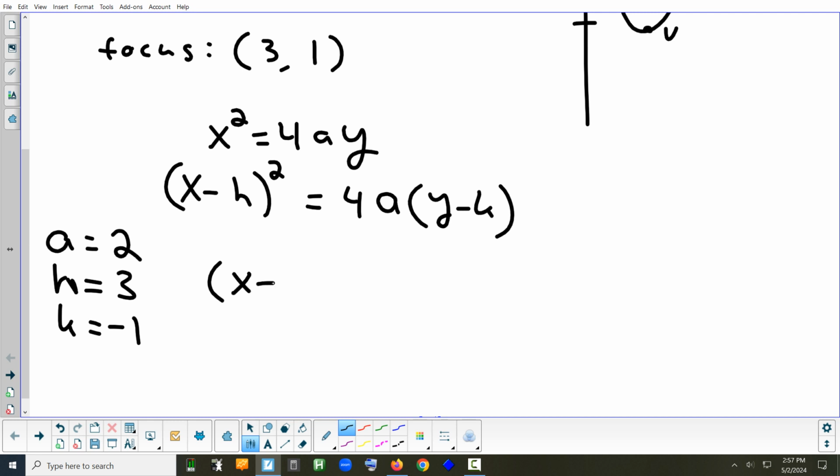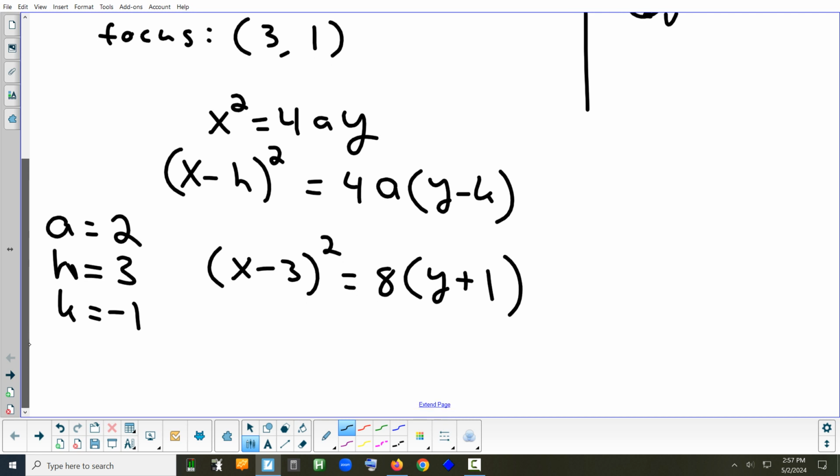So yep, we're just going to fill in 3 for h. And we know a is 2. So Chloe, what's 4a going to be? 8. And then in parentheses after the 8, y plus 1. Y, and that's going to change to a +1. Yep. And that's it. That's the equation of your parabola that meets the conditions up above.